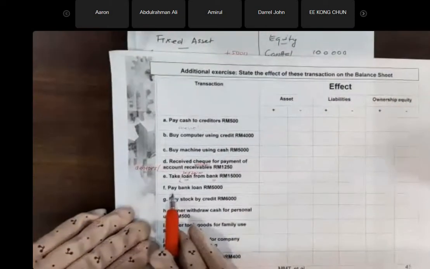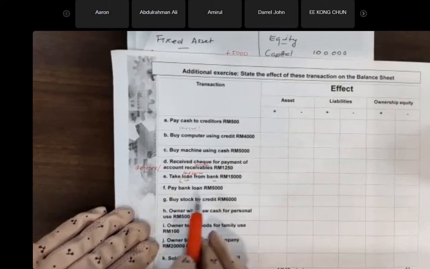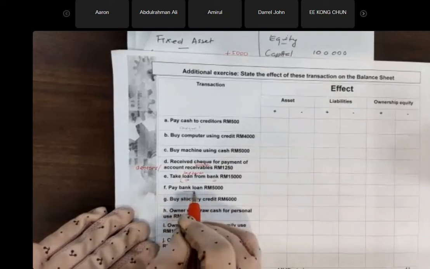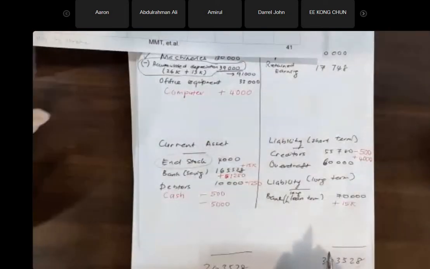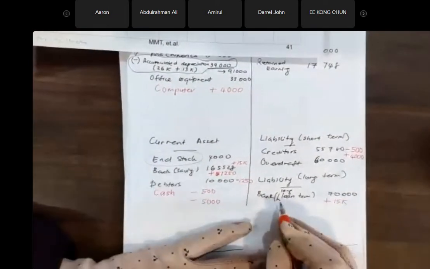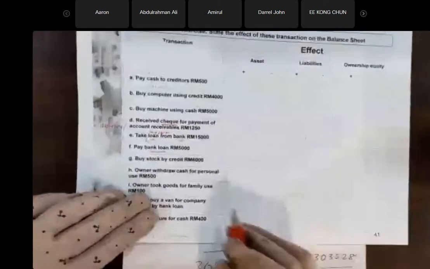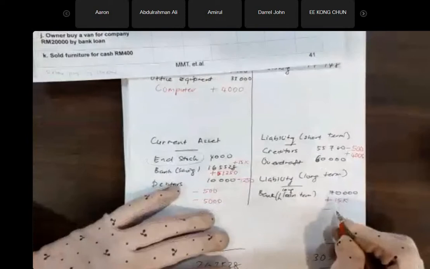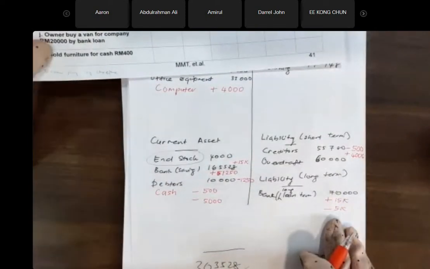Okay, next. You pay bank loan 5,000. You pay bank loan. Maknanya loan tu dah berkurang. How many? 5,000. Reduce 5,000, you pay by what?